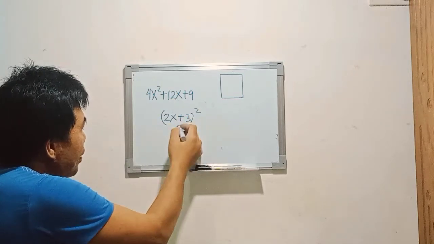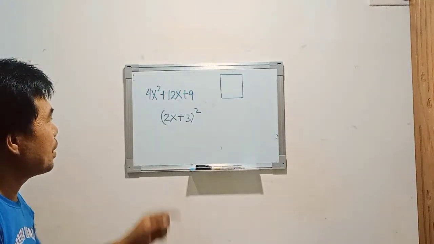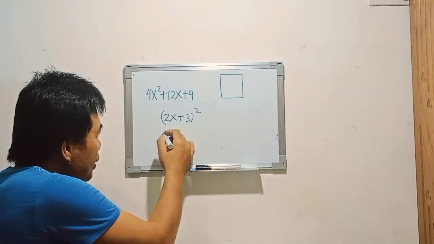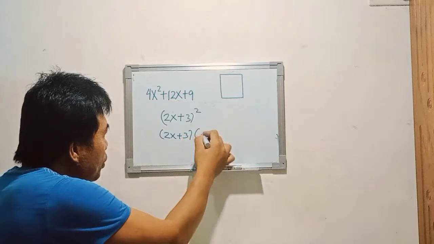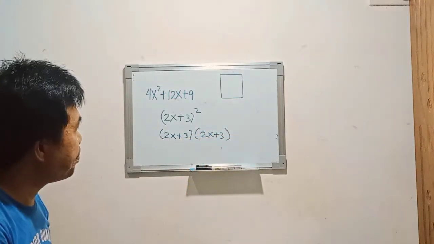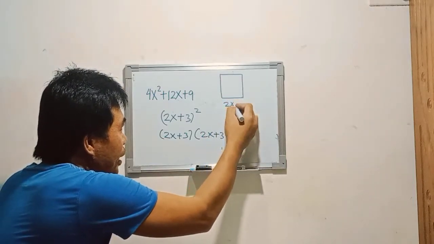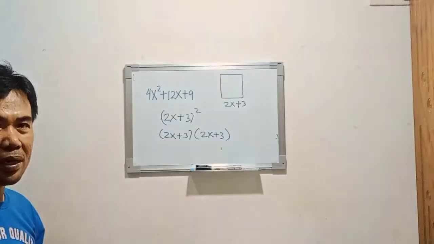So this is the factor of 4x squared plus 12x plus 9. So this expression can also be written as 2x plus 3 and 2x plus 3. Therefore, 2x plus 3 is the expression of the length of every side of the square.